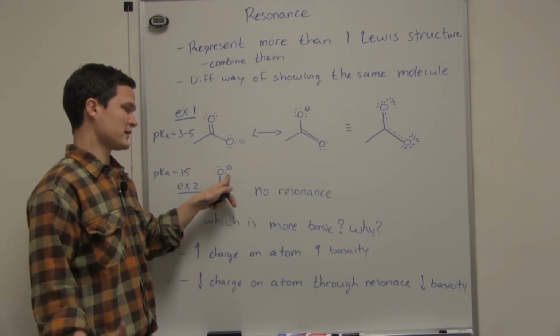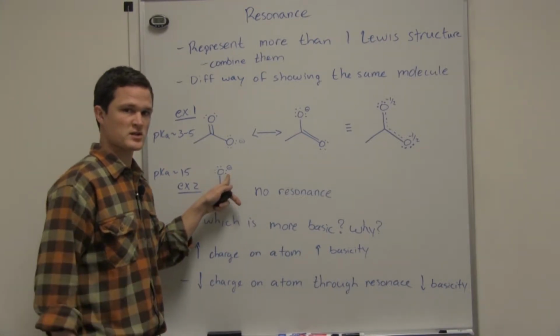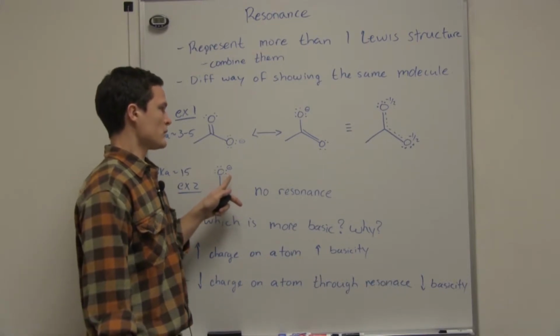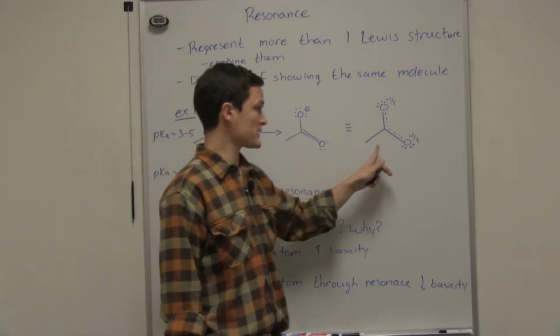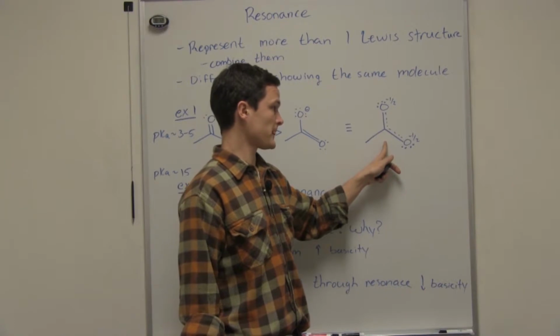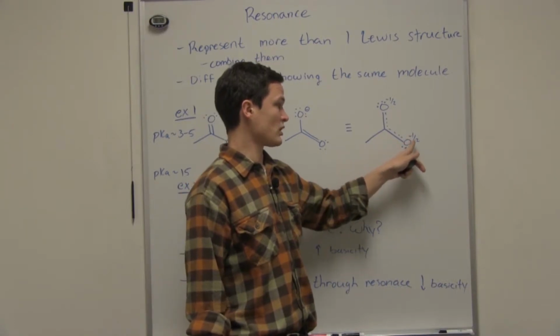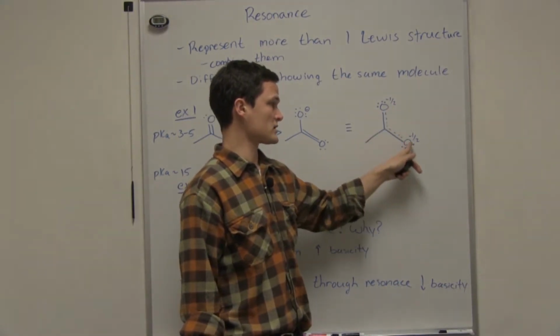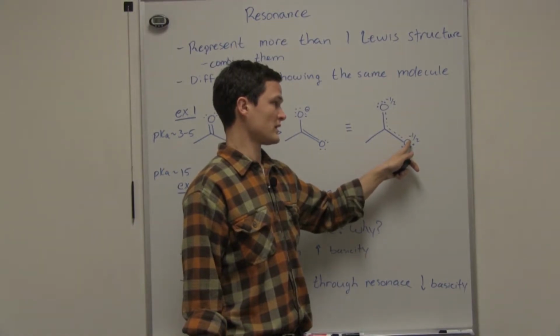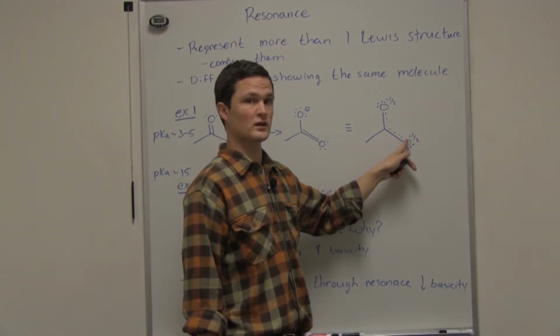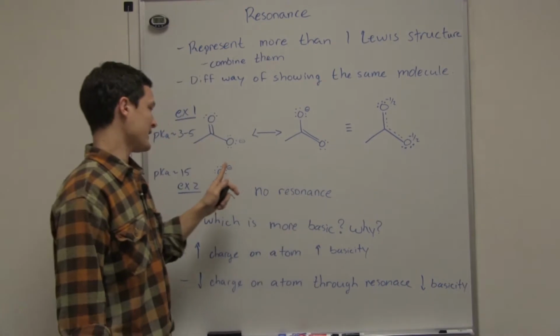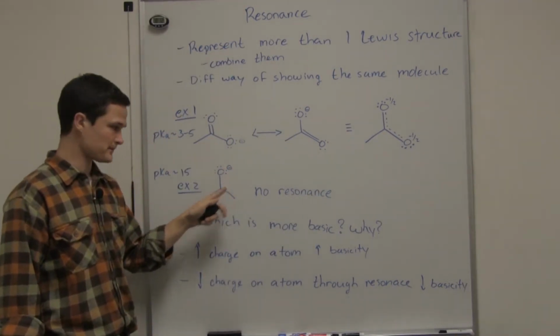That increases the negative charge concentration in one area, whereas in the previous molecule, that negative charge is distributed across two oxygens. So the electron density became delocalized in this molecule, and it's localized in this molecule.